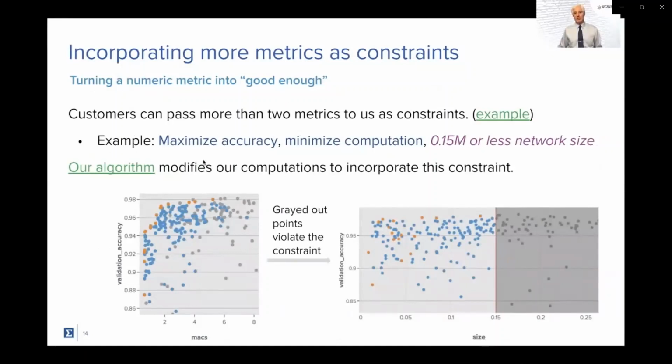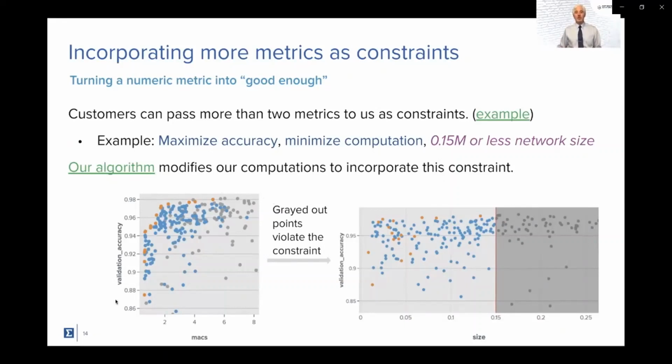In this example that we show below, which is provided in this blog post, we're interested in maximizing accuracy and minimizing computation in the form of these flops, but also limiting the maximum network size to 0.15 million or fewer neural network weights. Our algorithm, as described in this paper, modifies our computation to incorporate this constraint as information about it appears.